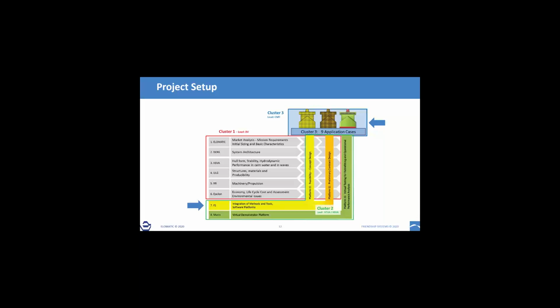The case that we will see today about the optimization of the double-ended ferry is one of these application cases. This was worked on by different partners, for example Elomatic, which will present here today. And we were involved in these application cases by providing CAESES as a platform and giving technical support to the companies that worked on these cases.